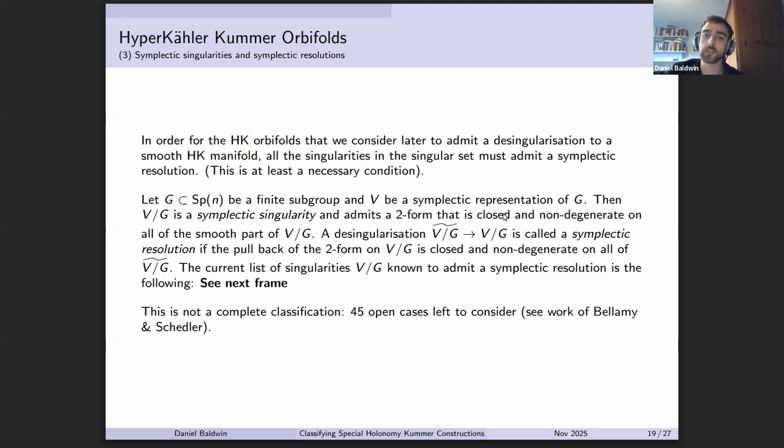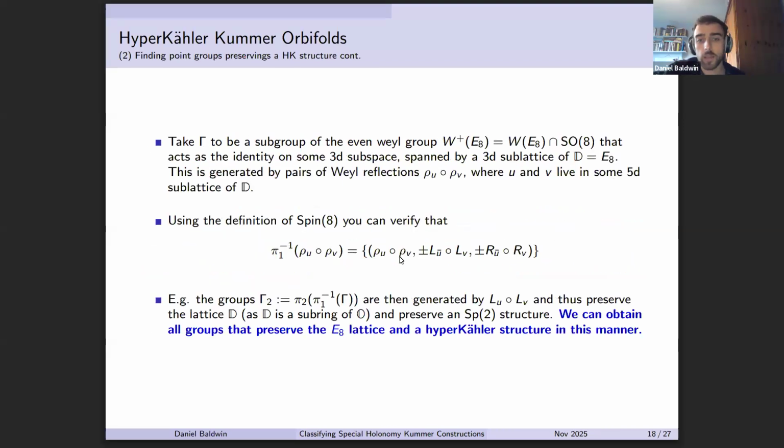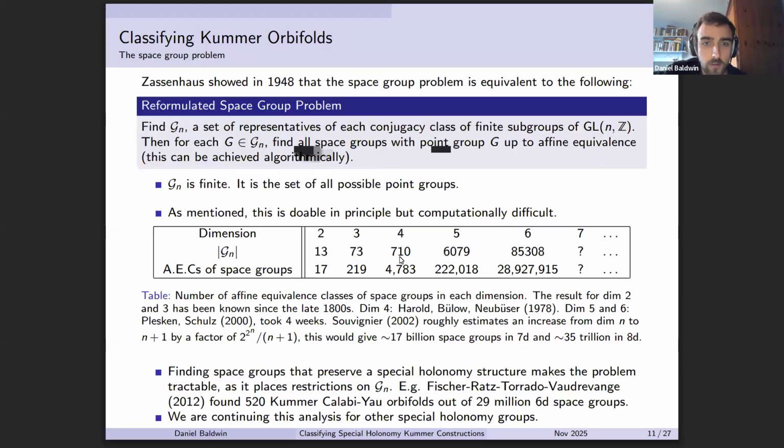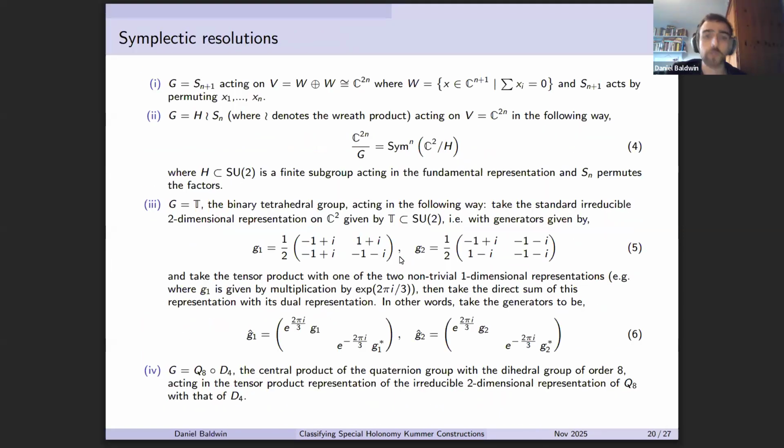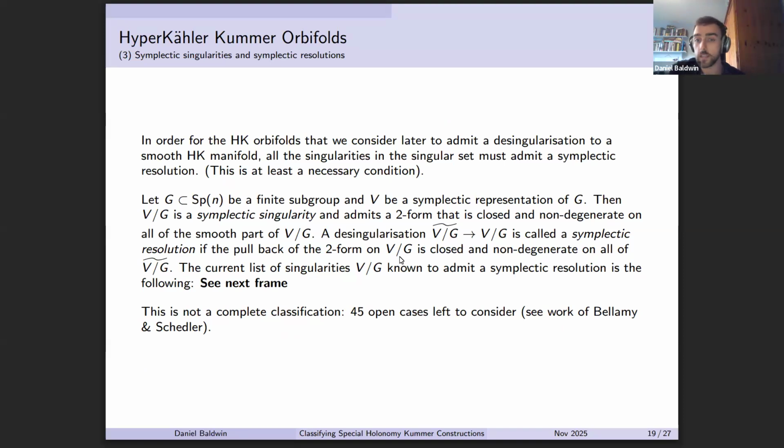So that's the definition of a symplectic singularity. And a desingularization of this singularity is called a symplectic resolution if the pullback of the two form on the singularity is also closed and non-degenerate on all of the resolution, V mod G tilde.